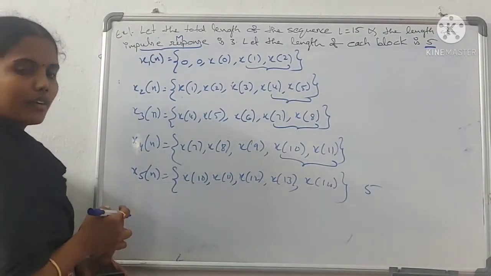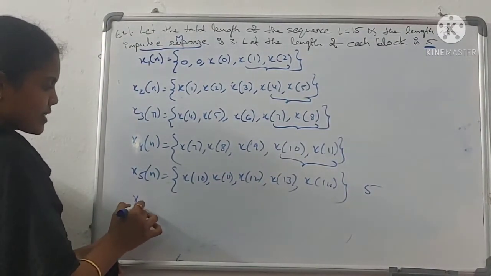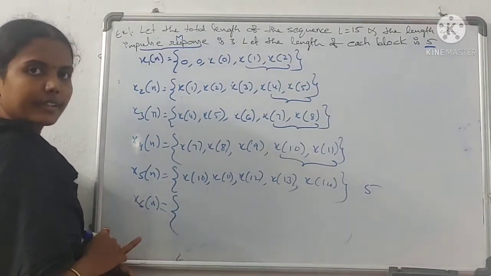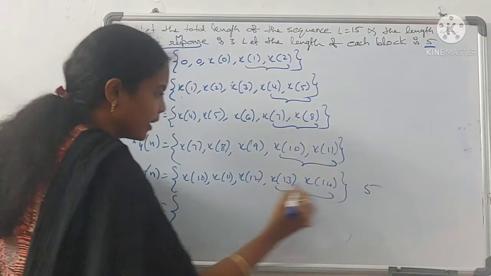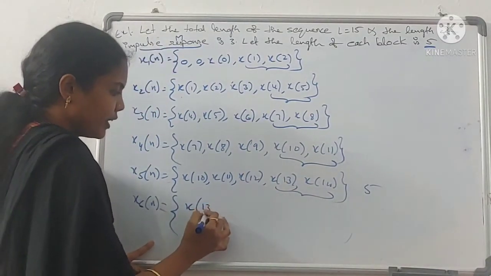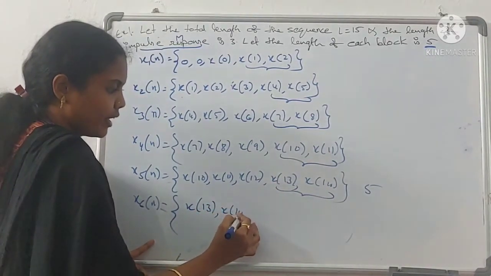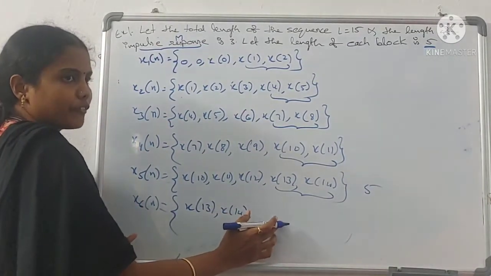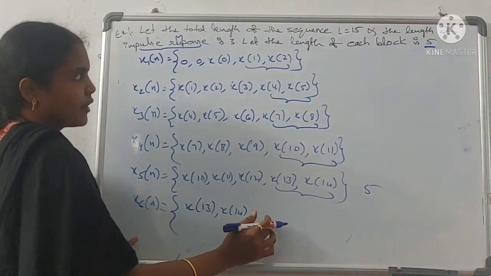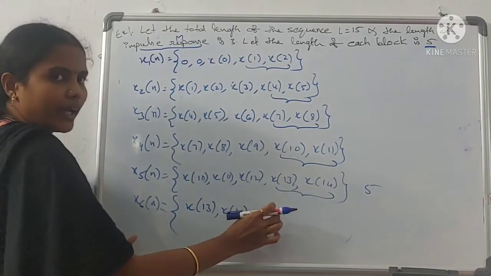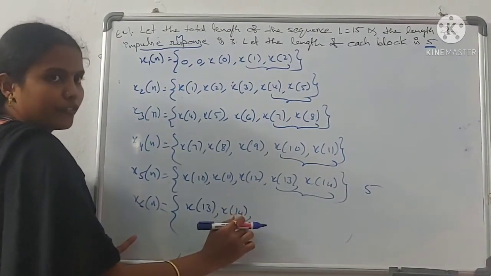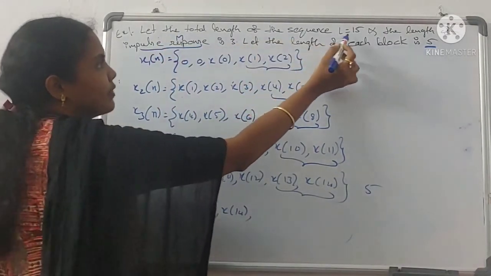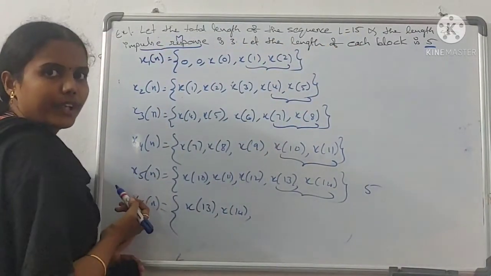After that, for x6 of n, again you take x of 13 comma x of 14. Now x of 15 means you have to stop before 15, because the total length of the sequence L is 15.